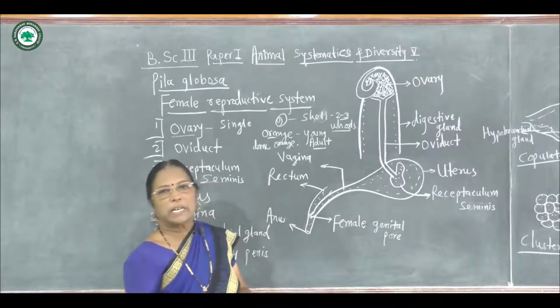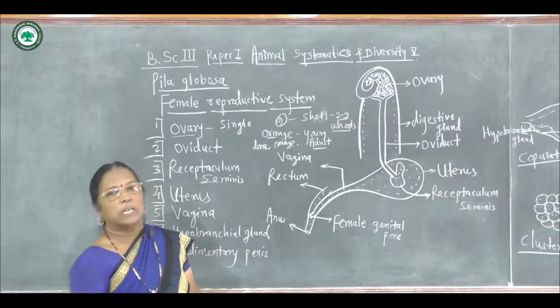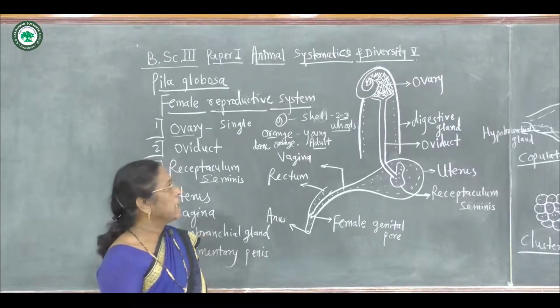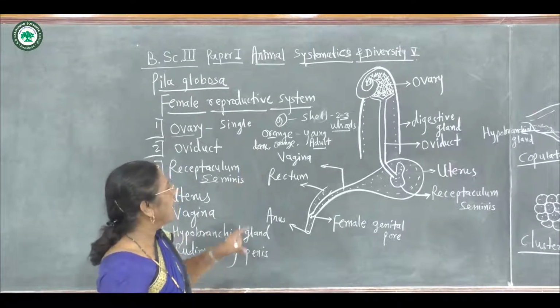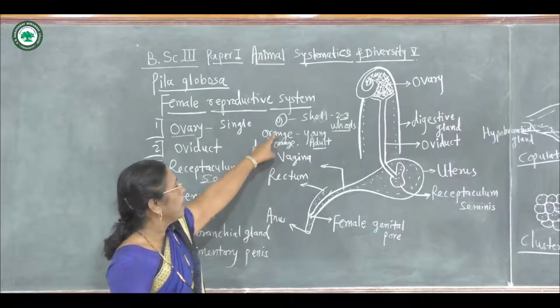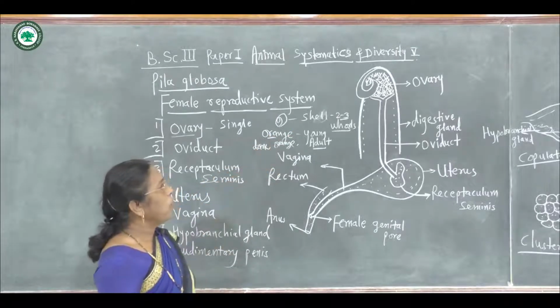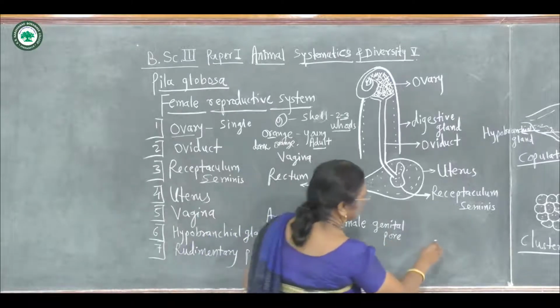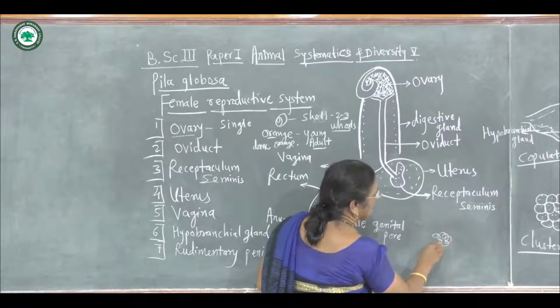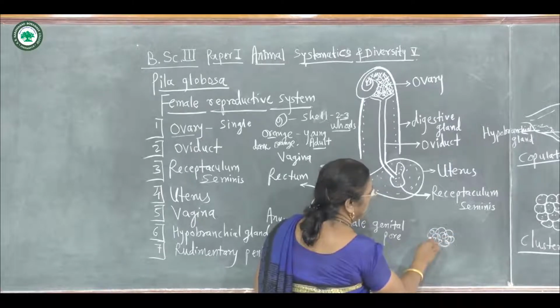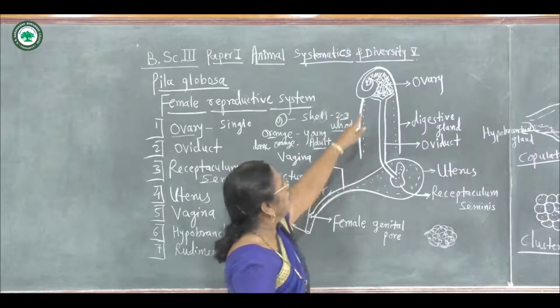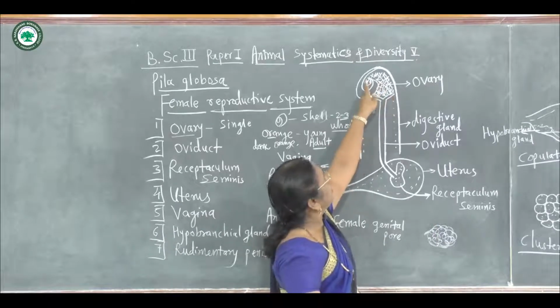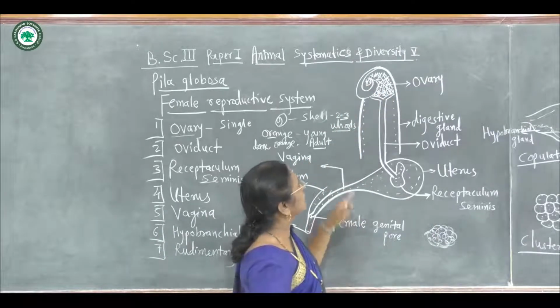The digestive gland is brownish or dirty green, and the ovary has this type of color. Internally the ovary shows small branching tubules. It is triangular in shape and flat in structure.